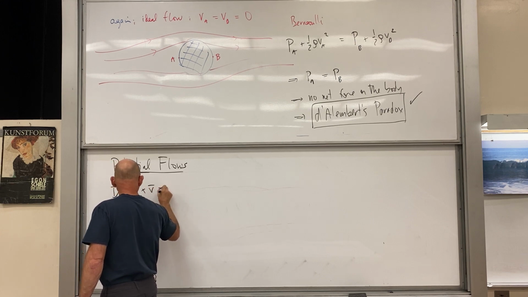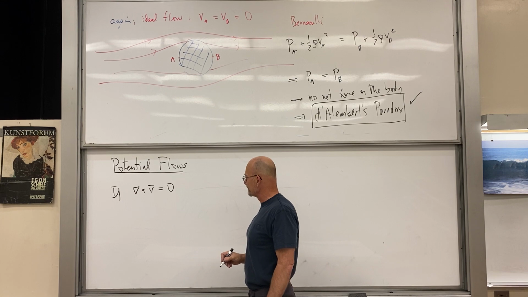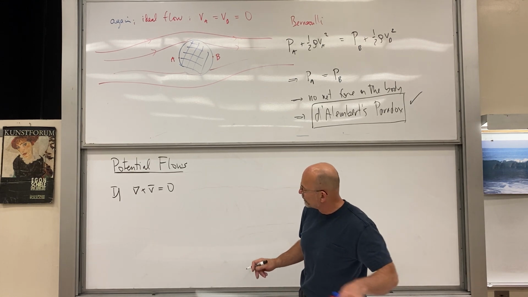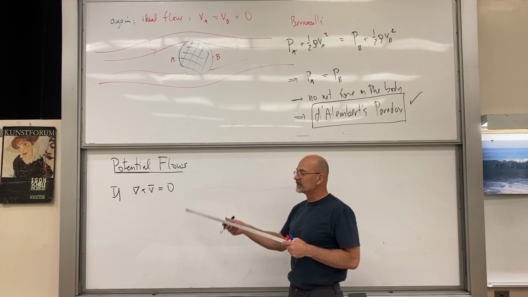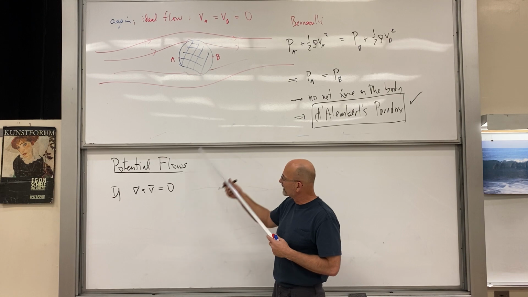So if curl of V equals 0, then by the Helmholtz theorems, and we have examples where the curl of V equals 0 and where it's not equal 0, we've discussed that at length.